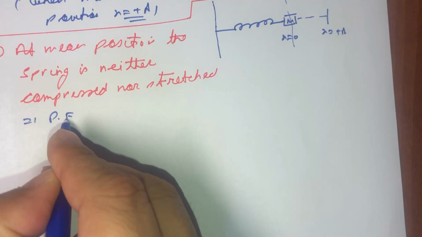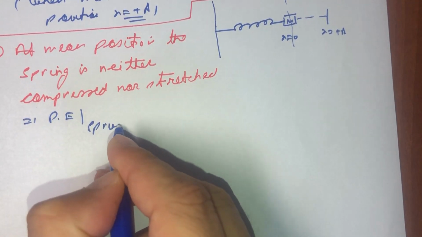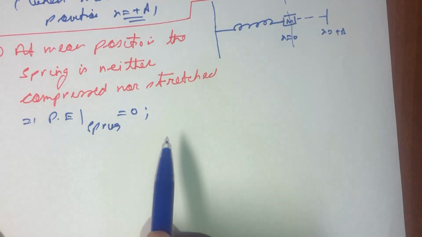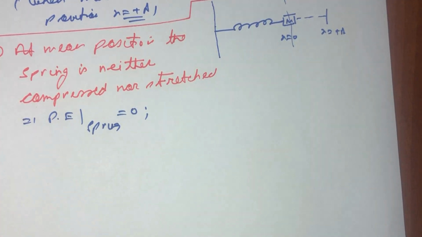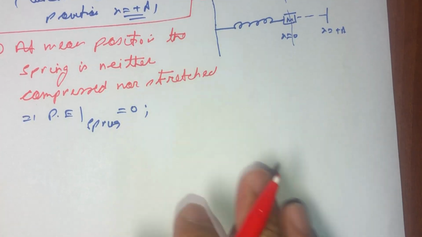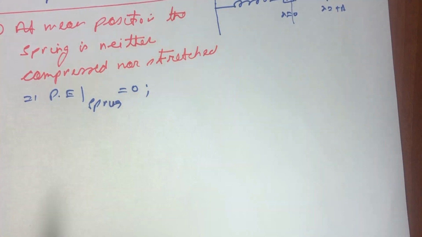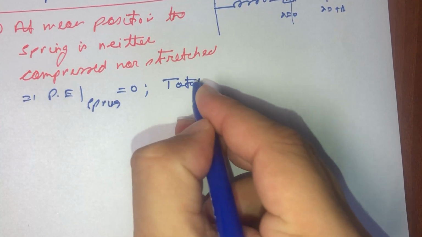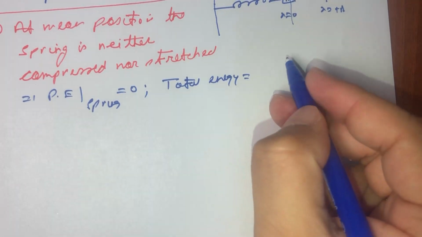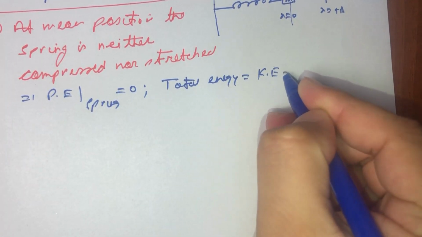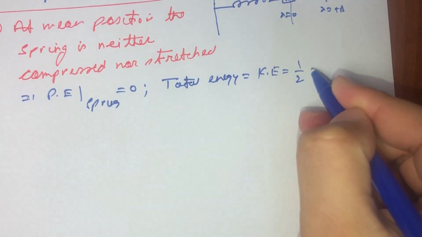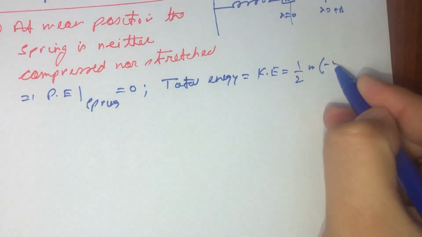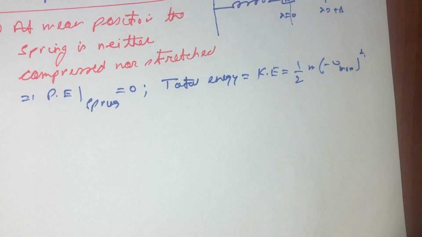So the total energy will now be equal to the kinetic energy, which is equal to half m v max whole square, as at this point its velocity will be maximum.